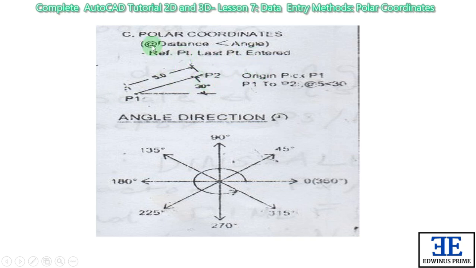It is like relative coordinates wherein you enter the point using @ distance, less-than sign, or angle sign, and you indicate the angle. For example, we have this P1 and P2.